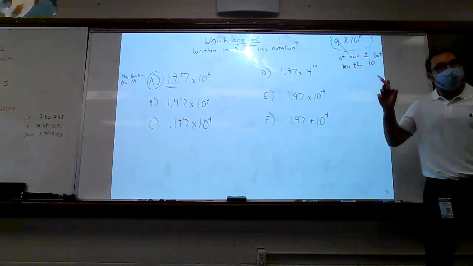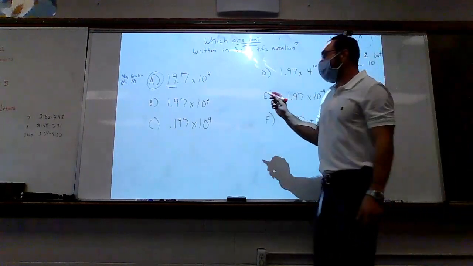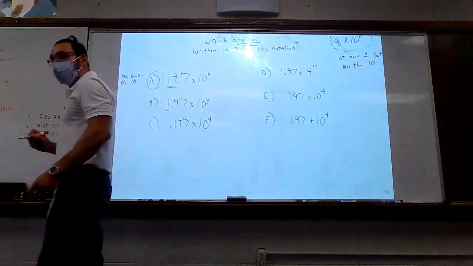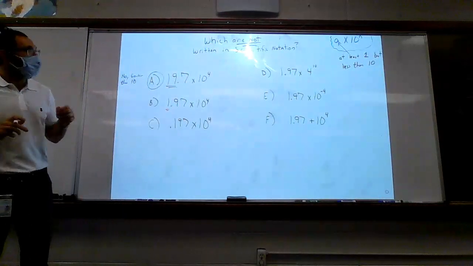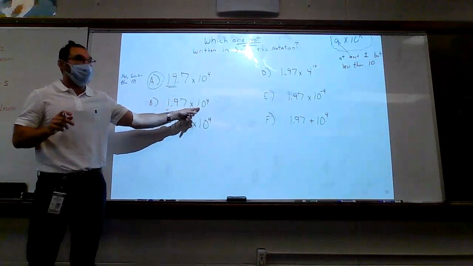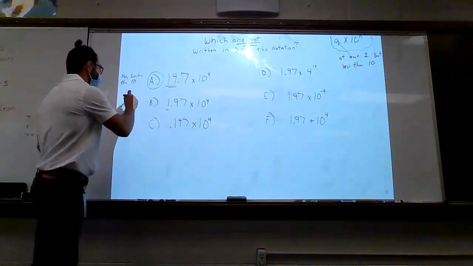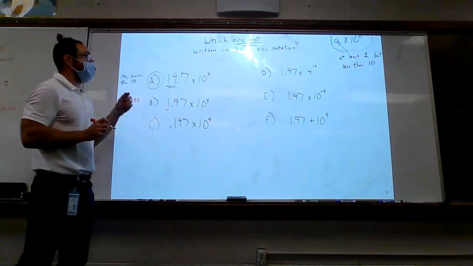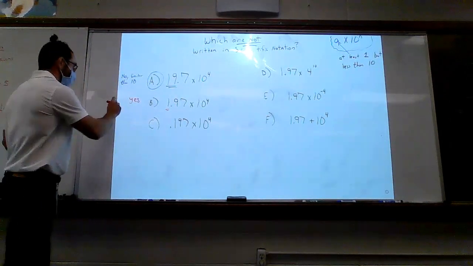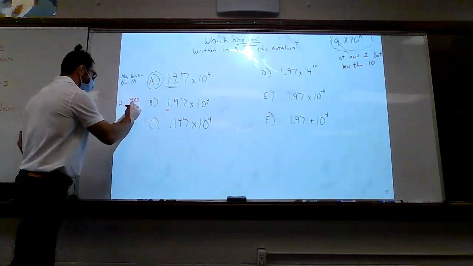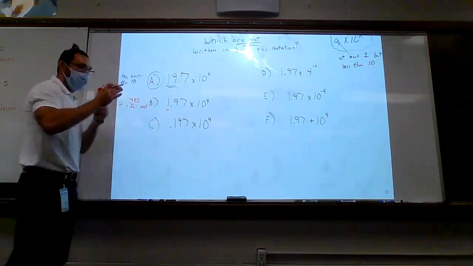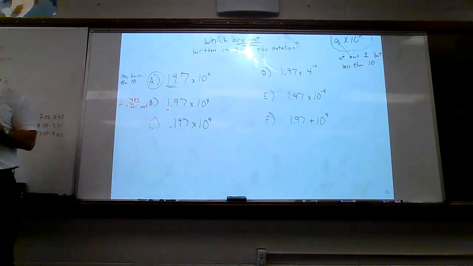Yes. Yeah, what's the first number? 1. So this is at least 1. So we're good there because it's actually 1 97/100. Does it have a base of 10? Is this an integer? Is this scientific notation? Yes. That's scientific notation. Do you see how we're going to break this down and say, is this scientific notation?